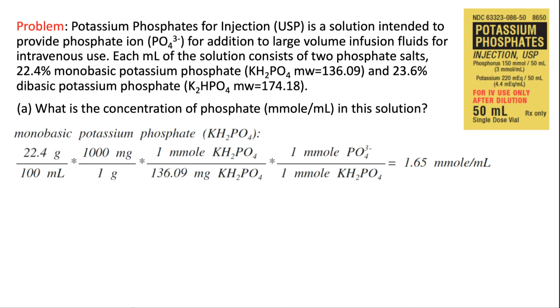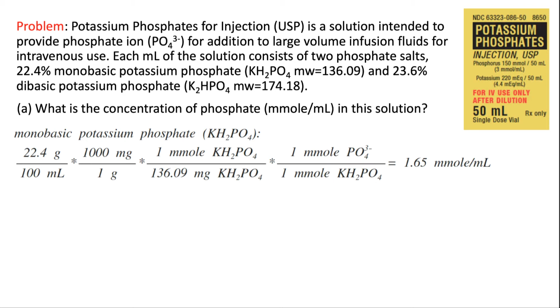Now, we'll leave the 100 milliliters alone until we divide it all out. Let's focus on changing the units, though, from grams of monobasic potassium phosphate to millimoles. Okay, so we'll have to do some unit conversions. The first unit conversion we will do, we'll convert that weight in grams to milligrams by multiplying by 1,000 milligrams per gram. So units of grams cancel, and we're now in milligrams.